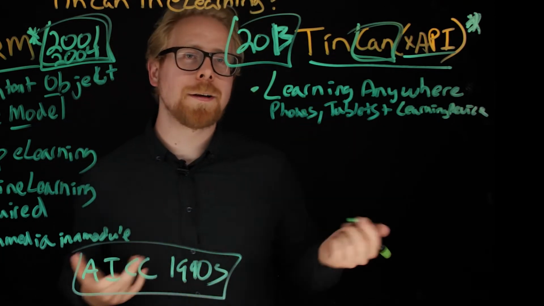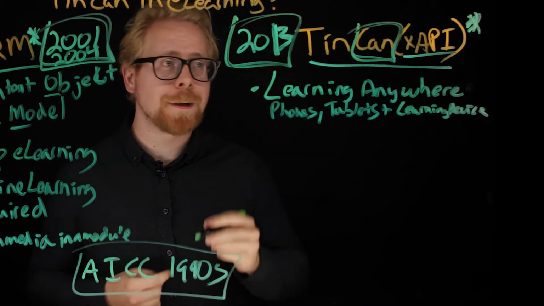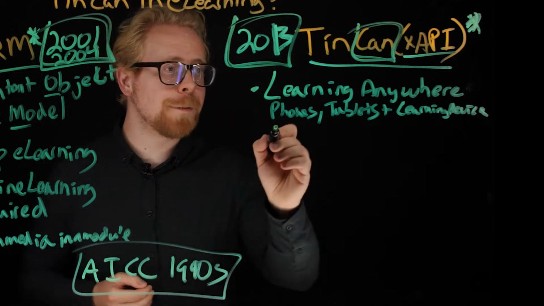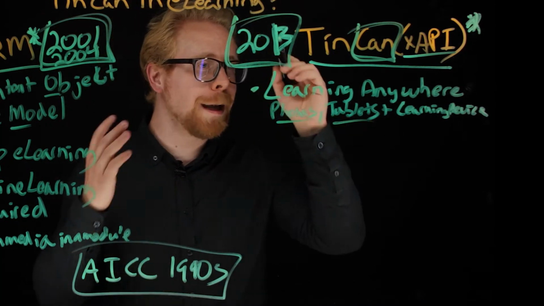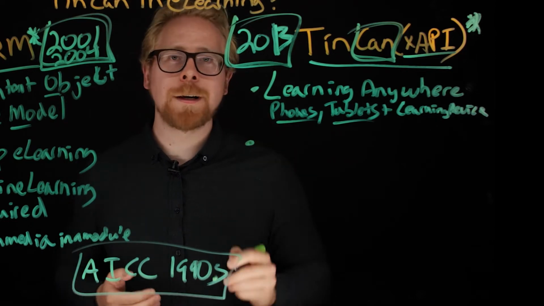Learning anywhere, that's what Tin Can is built for. They were really thinking in 2013, they're like, Tin Can, we're not going to even just say phones and tablets. We're going to say learning anywhere. That was extremely smart. Well done phrasing it like that.